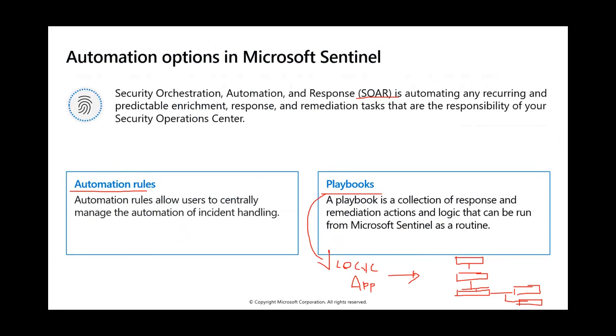Every single action that we can specify, every single data connector, will be an API connector from the context of the logic app. Maybe our first event will be reacting to an alert that is triggered. Then, if I know what type of alert it is, maybe my first step will be running a function app.